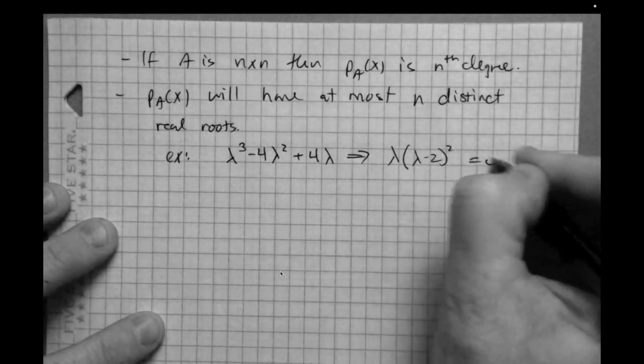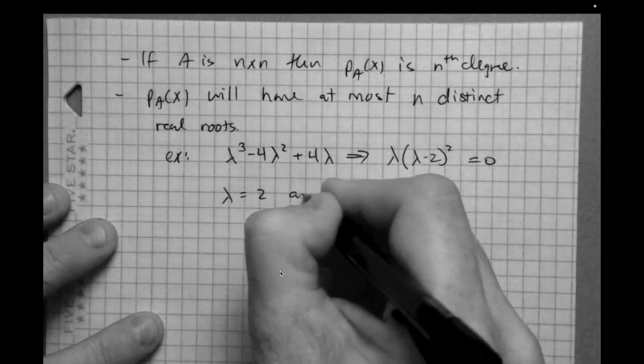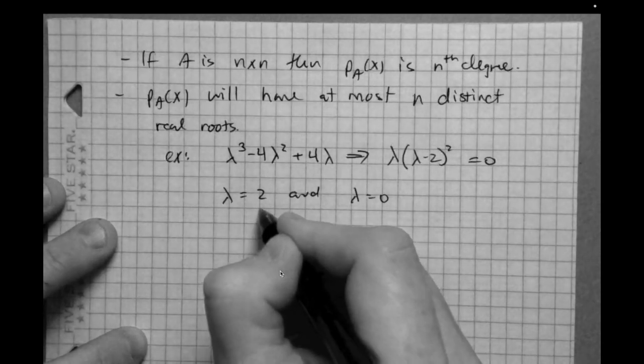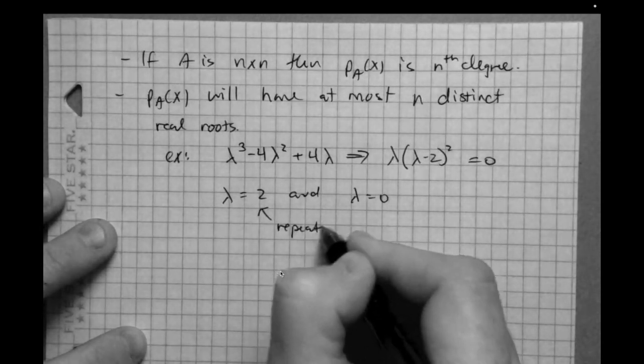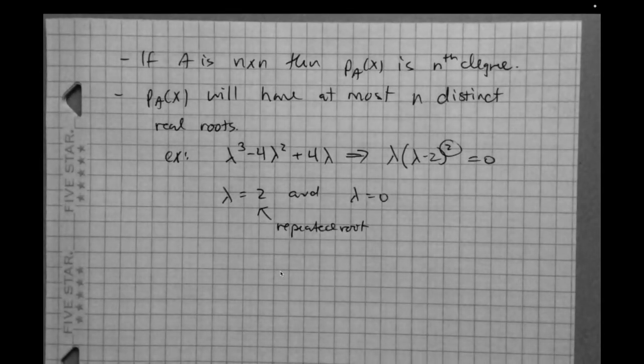If we set that equal to 0 and solve, we found lambda equals 2 and lambda equals 0. So this is obviously a repeated root, because of the 2nd degree exponent there. Okay.